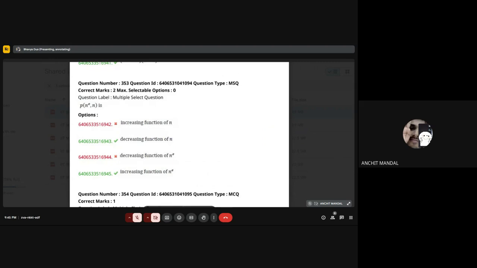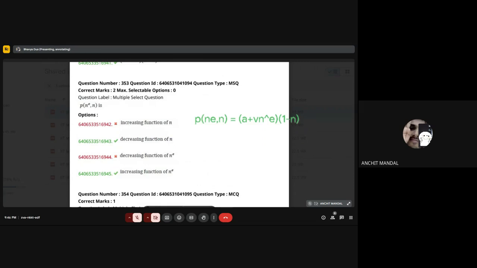So the formula goes essentially something like, let me see if I can write this here. P of NE and N is essentially A plus VNE into 1 minus N. This is the formula.